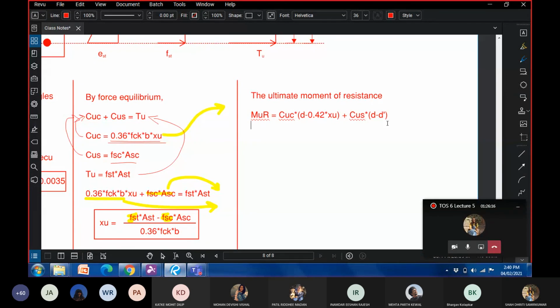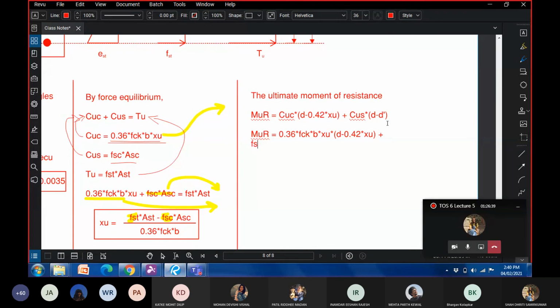So if we just plug in the values that we already know, MUR is equal to 0.36 into FCK into B into XU into D minus 0.42 times XU. This is a term that we already know.